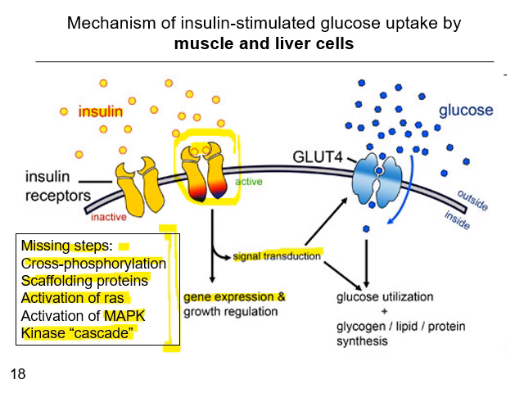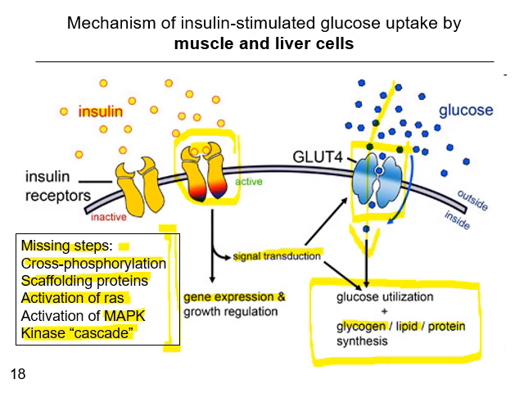This leads to many things, including the production of another glucose uniporter that helps bring glucose into the cells, and it increases the enzymes that cause the storage of glucose as glycogen, fat, or protein.